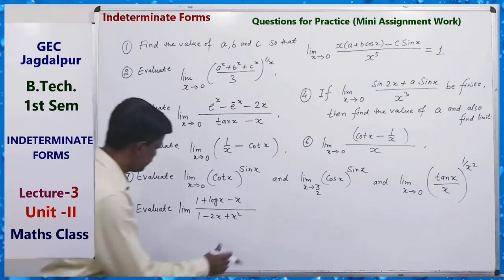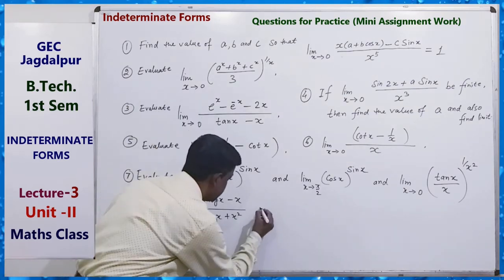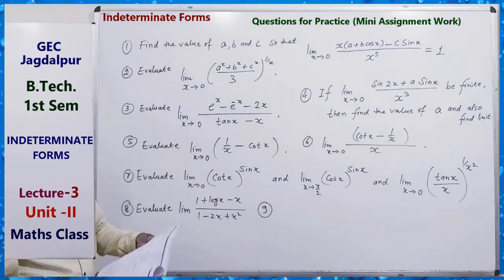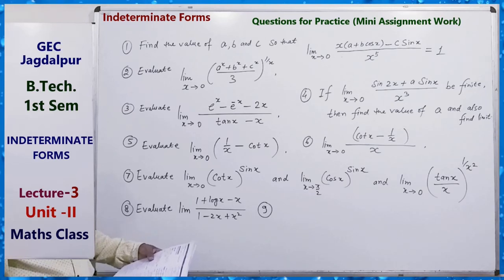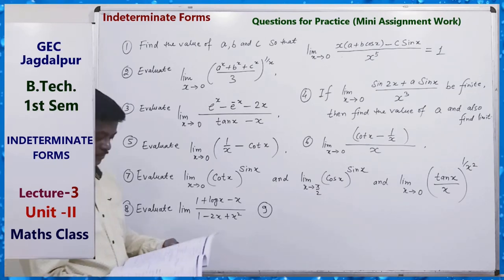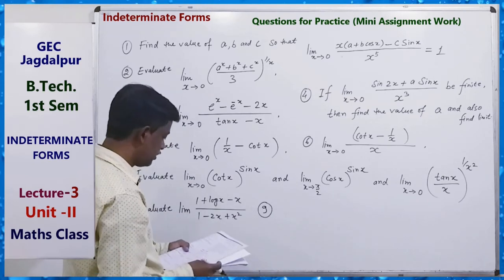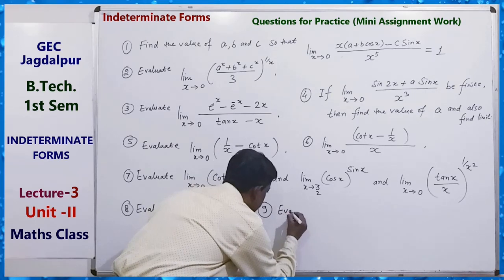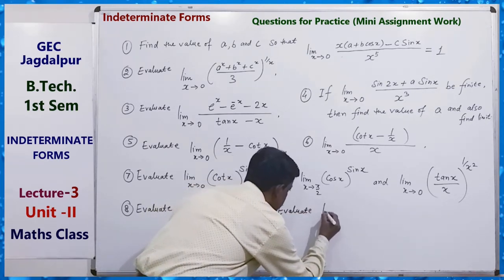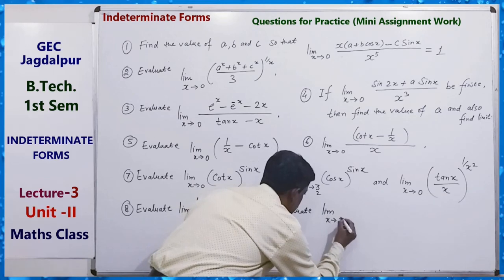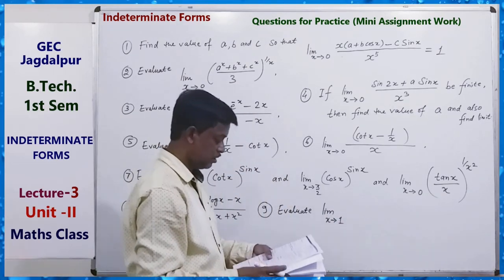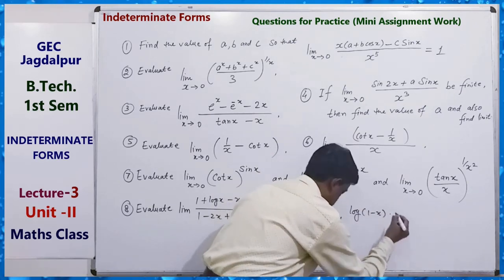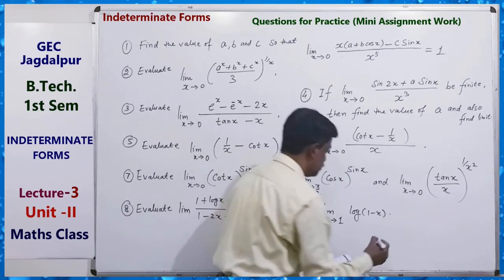Clear? This is question 9: limit as x tending to 1 of log (1 minus x) cot (pi x by 2). Okay, 9.